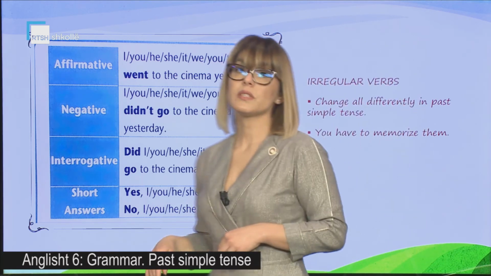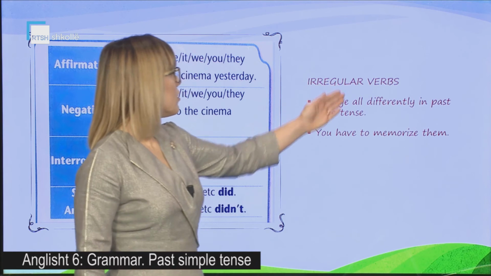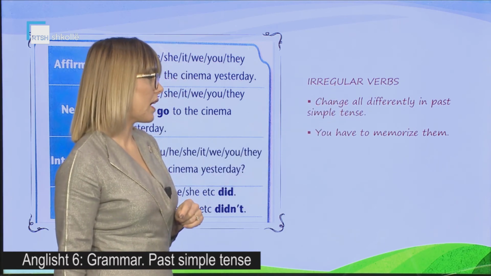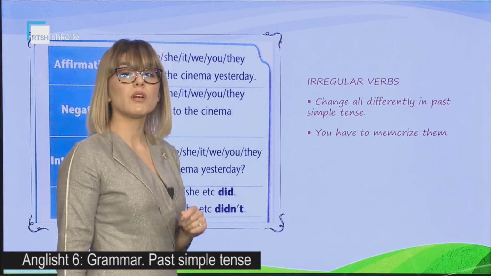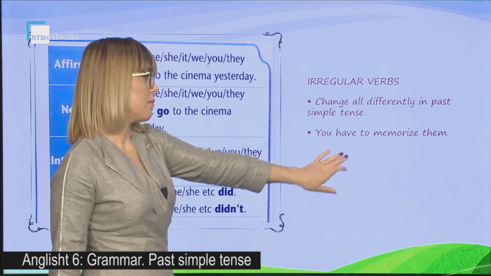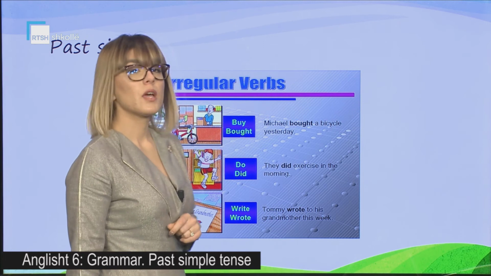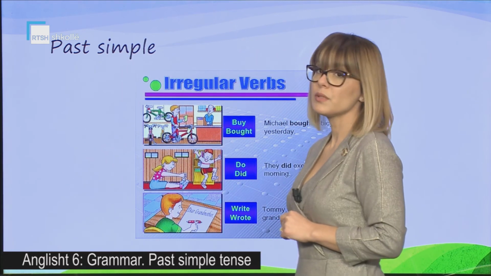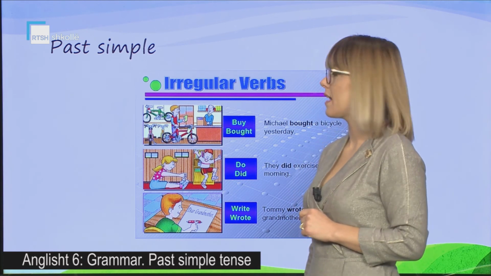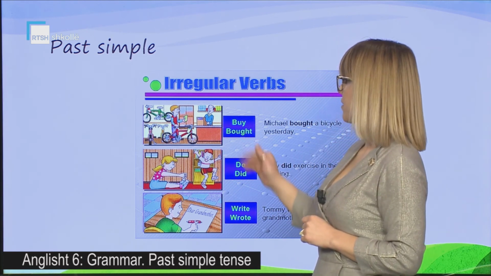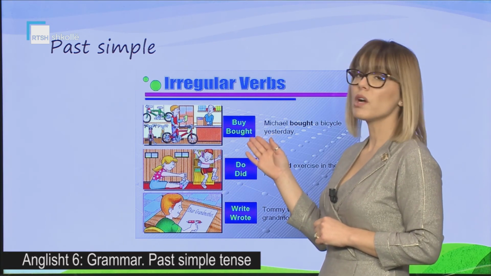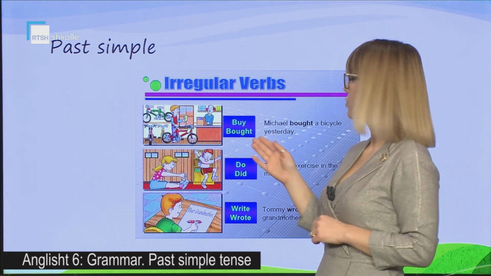So, as we said, irregular verbs all change differently in past simple tense. You have to memorize all of them. Now, we have even some examples for irregular verbs. Let's see them together. We have the verb buy, which in past simple is bought.